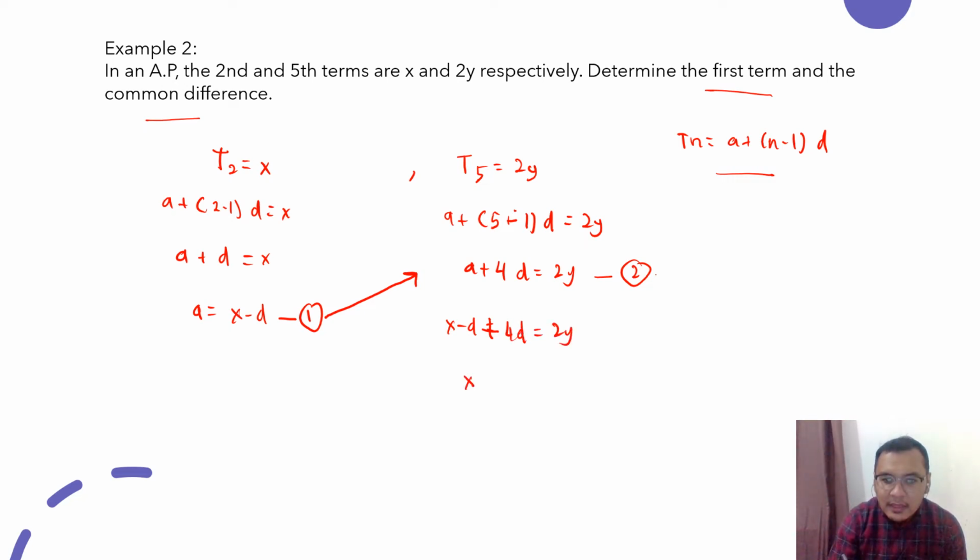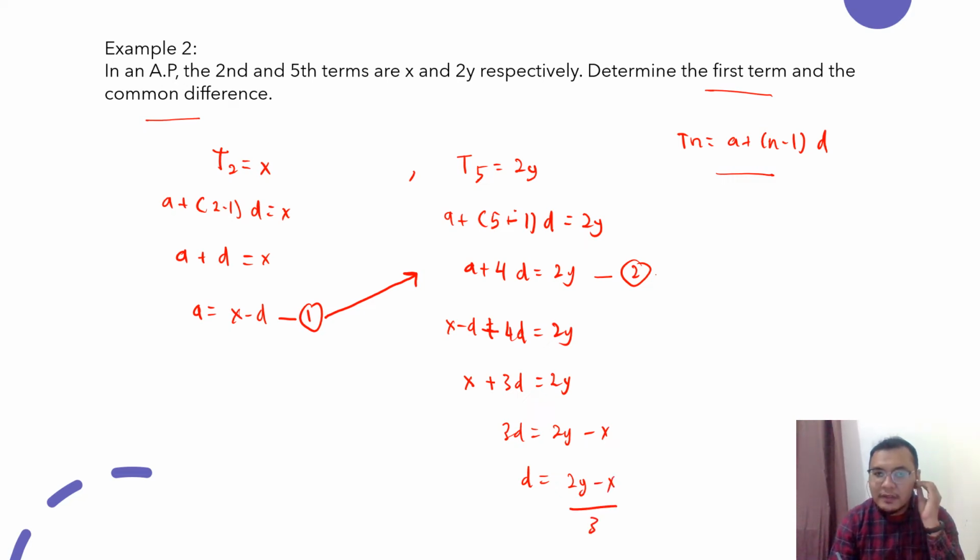So x plus 3d equal to 2y, and 3d equal to 2y minus x, and d equal to 2y minus x over 3. So the common difference for this arithmetic progression is 2y minus x over 3.